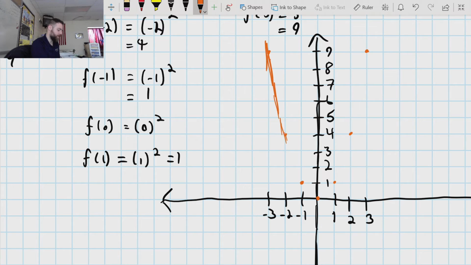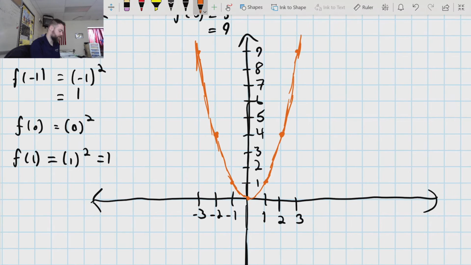And then another thing to note is that whenever this function turns around, it's a smooth curve at the bottom. So if you take a look at the point at the bottom, it's called a vertex. So that vertex should be a smooth curve at the bottom. So that nice smooth curve. And so what you'll notice is that it kind of bends.